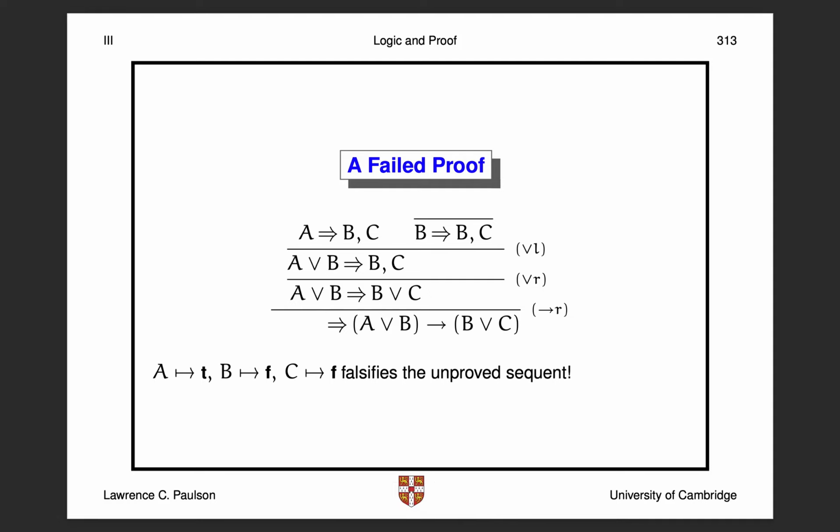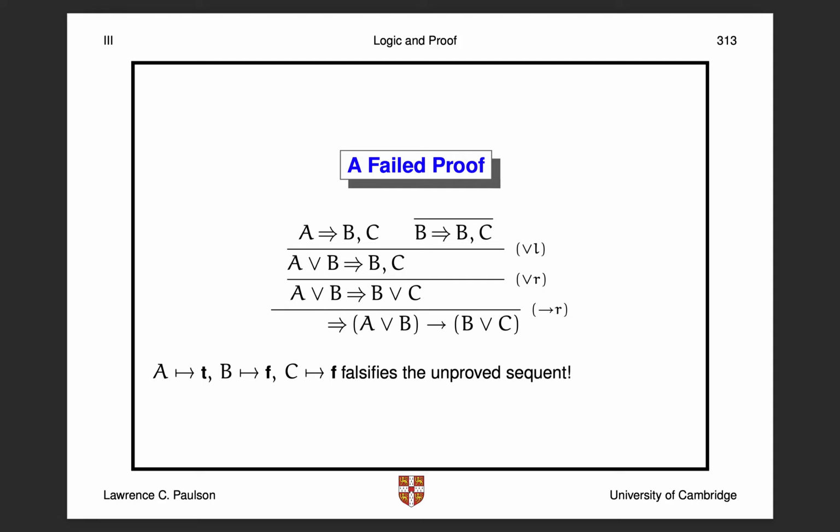Well, I get a basic sequent for the case where B is true. But if A is true, I'm being asked to show that B or C is true, and there's no reason why they should be. I can falsify this. It's false in the case where A, now we're dealing with formulas and not propositional letters, but nevertheless, if A is a true formula and B and C are false formulas, then this sequent becomes false.